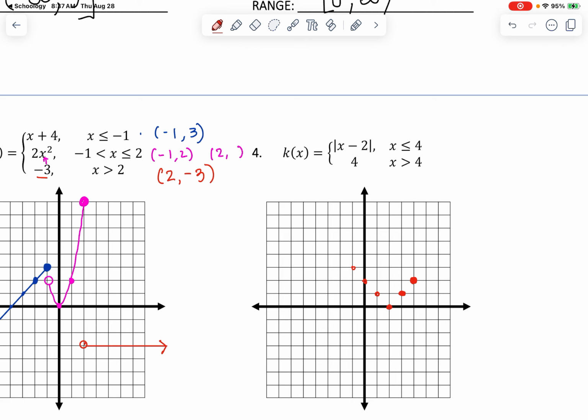Do it however you want as long as you're only graphing in that restricted domain and you're not graphing past that restricted domain. All right, horizontal line, I have an x value of 4, the output is 4, so (4, 4), open point, and then there's my horizontal line, like so.